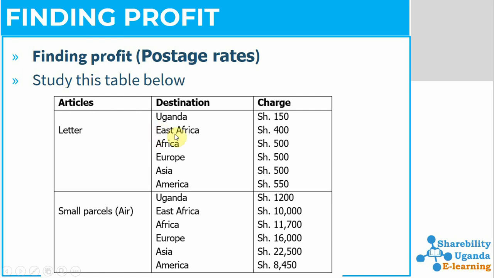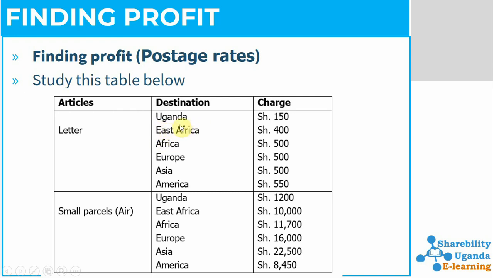We have Kenya, Tanzania lies within what? Within East Africa. I know there's someone who could say, why not Africa? No, we choose East Africa because it is the one having these countries. When you go to Africa, Africa shall include many countries, including East Africa.